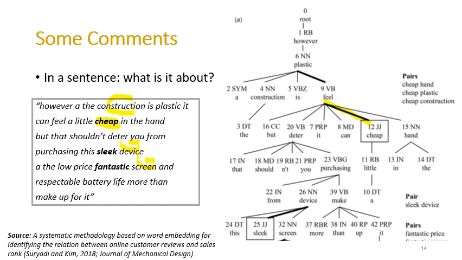Okay, but then you can see here this approach is not perfect, because you see I identify fantastic price, although actually it should be fantastic screen instead of fantastic price. So you can see here that almost all approaches have some inaccuracies, because sentences are really hard to be exact.